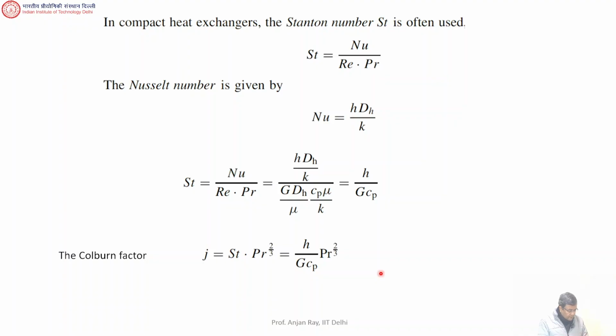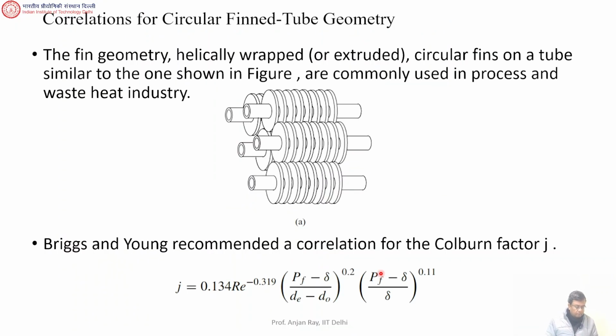So we'll leave this heat transfer part here and then go to friction factor also. If you have a circular finned tube geometry, then the Colburn factor has an expression like this. Now we are just blindly going into some correlations because we can't actually discuss correlations.